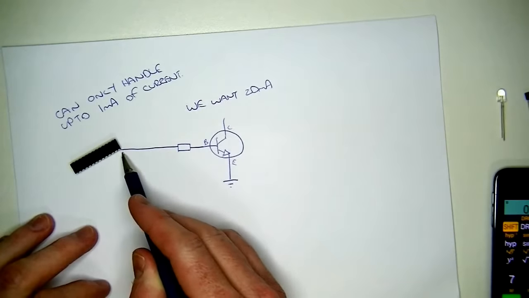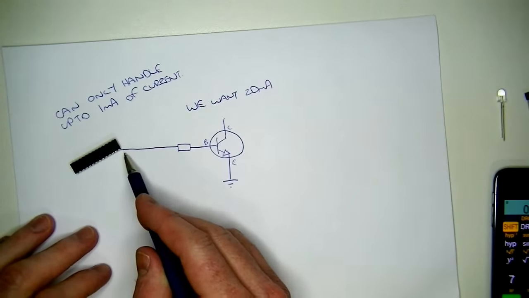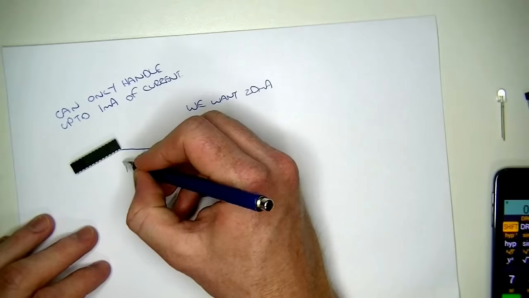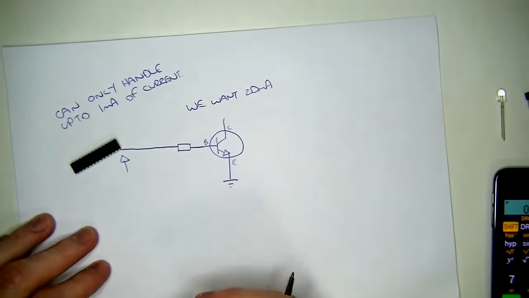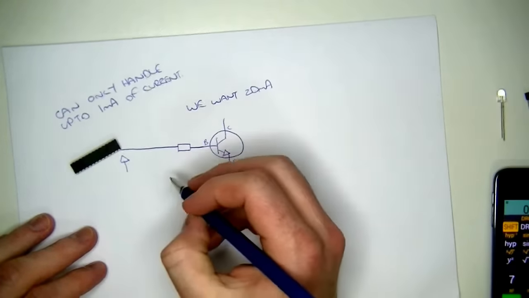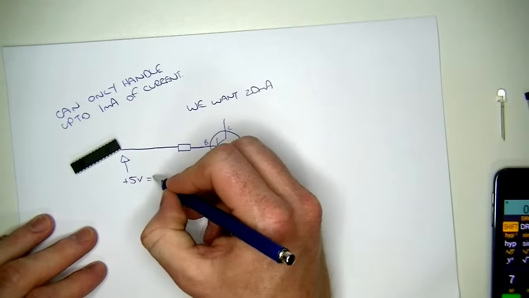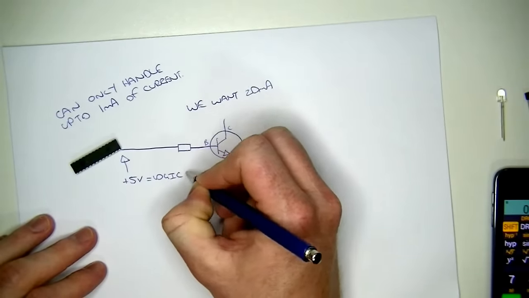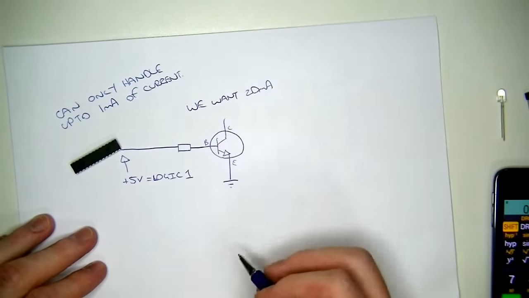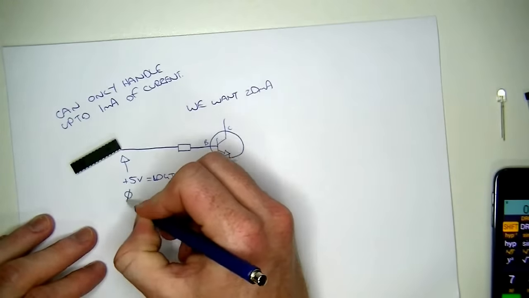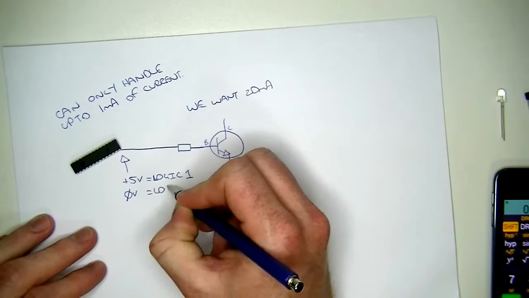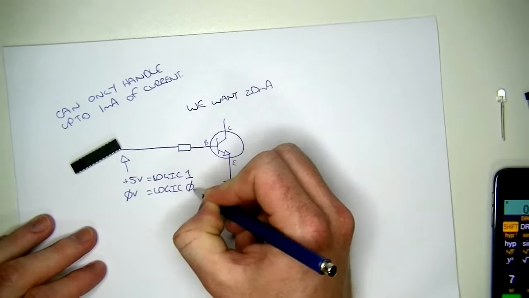The other side of it goes to our port pin. Now this port pin, if you haven't done any digital stuff before, can be one of two voltages or one of two states. It can be plus 5 volts, which we call a logic 1, or it can be 0 volts, which we call a logic 0.